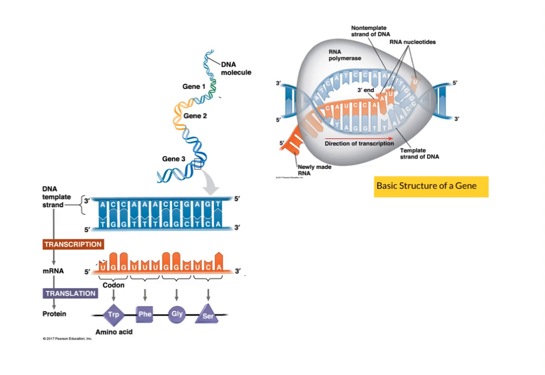Each of those genes stores information in the form of a specific order of nucleotides that are used to direct the synthesis of a particular type of protein. And this diagram actually represents how that's done. This is the main way that information flows in a cell.